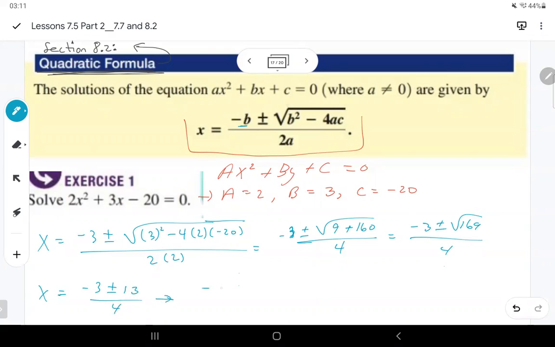So you're looking at -3 plus 13 over 4. So that's going to be 10 over 4, which is 5/2. And then you'll also have -3 minus 13 over 4, which is -16 over 4, which is -4. So your answers are x equal to -4, comma, 5/2. That is your solution set.